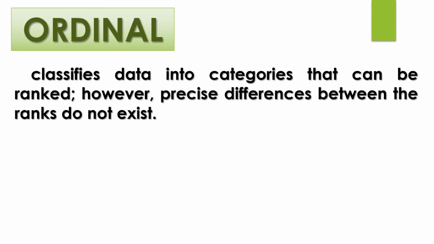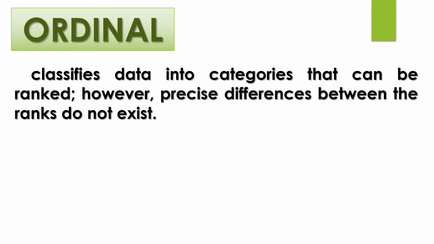Next, ordinal. Okay, it classifies data into categories that can be ranked. However, precise differences between the ranks do not exist. Kung si nominal walang rank, si ordinal may rank. Okay, so ordinal, order, di ba? Yung root word niya, order. So in this case, one is said to be greater than or less than the other.